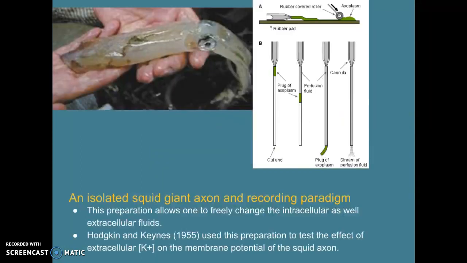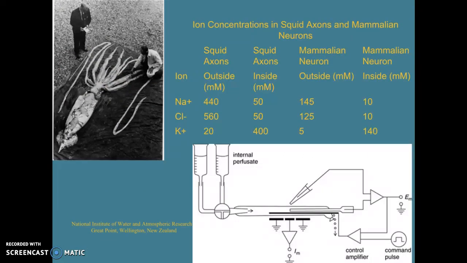Okay, so how did we find all of this out? We used squid. They have something called the squid giant axon. This is not a giant squid axon. This is a squid giant axon. It is just big enough that we could get all of the wires and probes into it, and we could put whatever ion concentrations inside and outside we wanted to and measure voltage across that membrane.